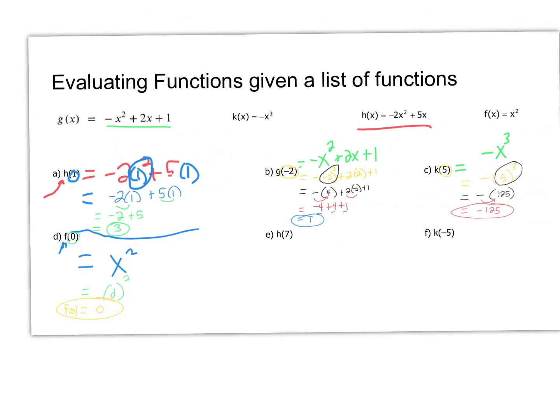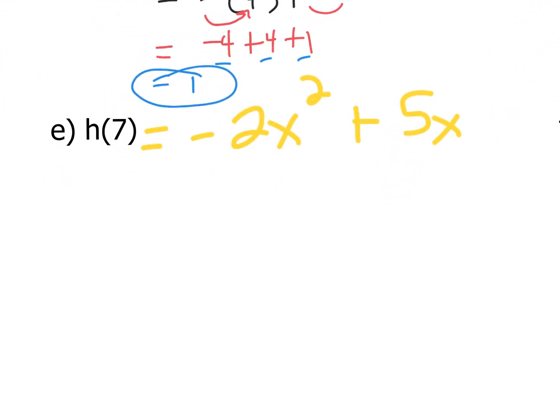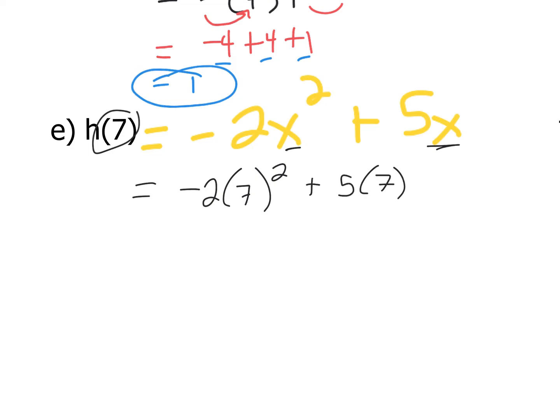Let's look at the next one. H of 7. So our h function, again, is given by negative 2x squared plus 5x. Okay, so we're going to put the 7 in for the x's. So negative 2 times 7 squared plus 5 times 7. Now at this point, we're going to square first.